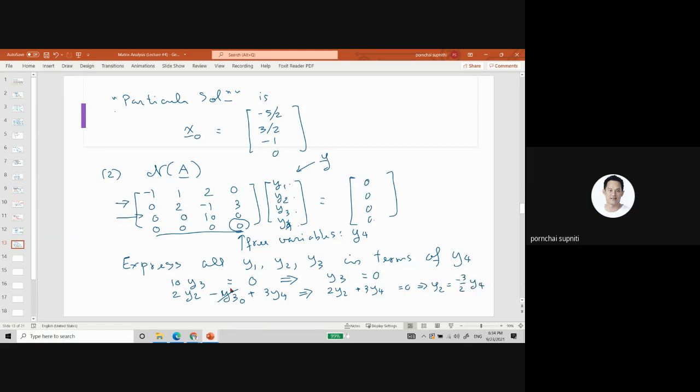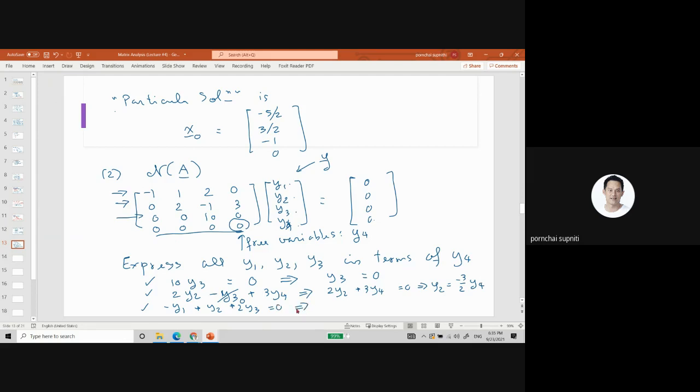So for any equation, you can find values of y. If you cannot find it, you try to leave it in terms of y4, because we let y4 be the free variable. And lastly, if I look at the first line, I have minus y1 plus y2 plus 2y3 is equal to 0.